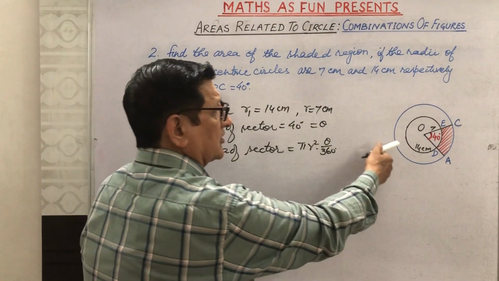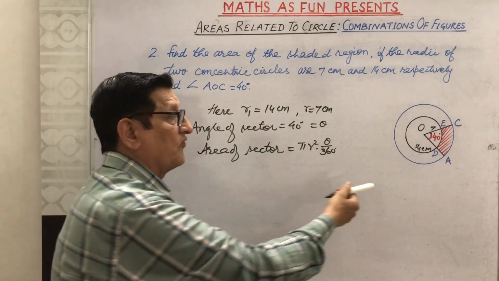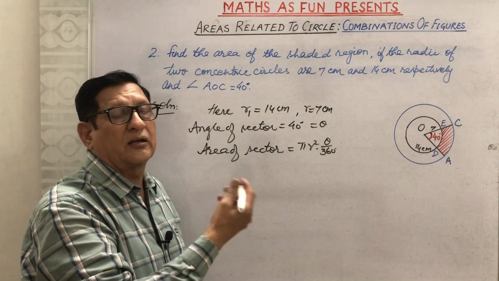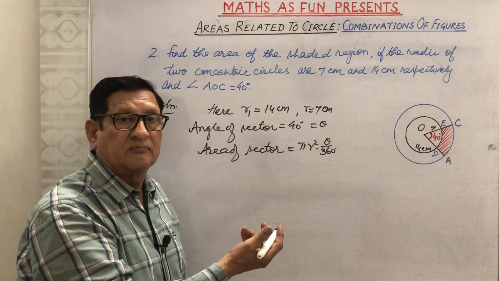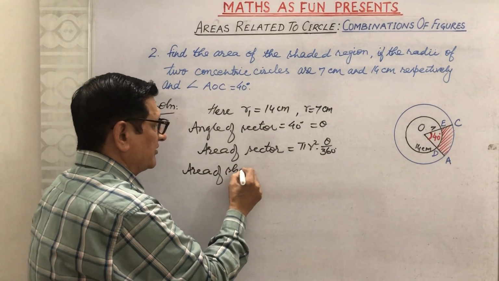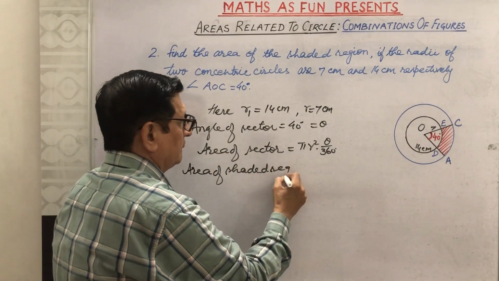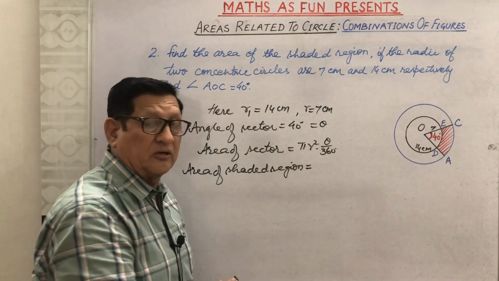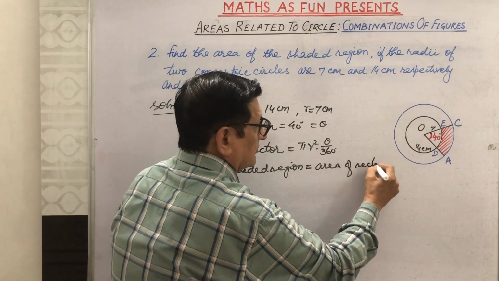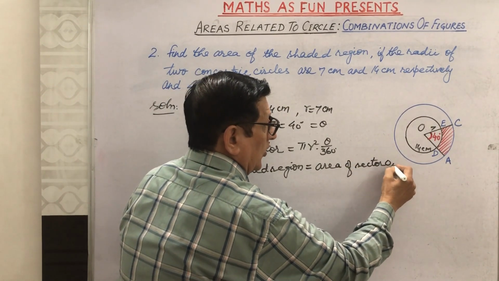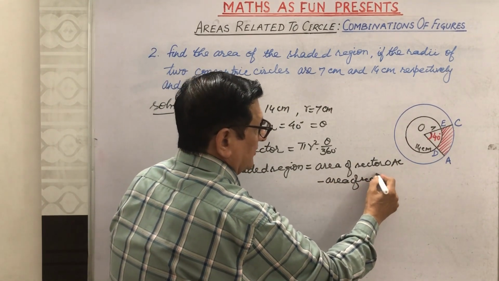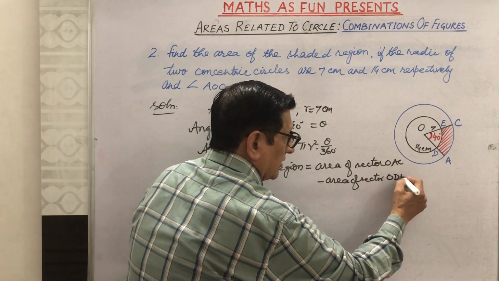The area of shaded region can be obtained by either finding the area of the sectors separately and then subtracting, or directly we can subtract them together. So we can write here the area of shaded region is equal to area of sector OAC minus area of sector ODE.